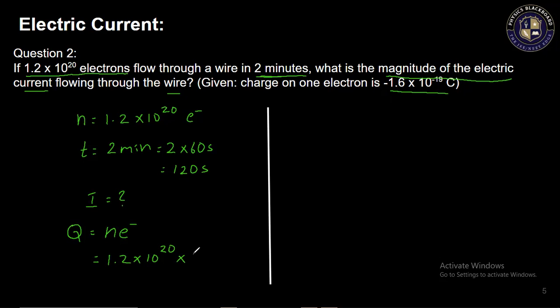Each electron has a magnitude of minus 1.6 into 10 power minus 19 coulombs, right? So further, if you solve it, let's say minus, I will multiply this 1.2 with 16. Let's say 16 to the 32, right? Yes.